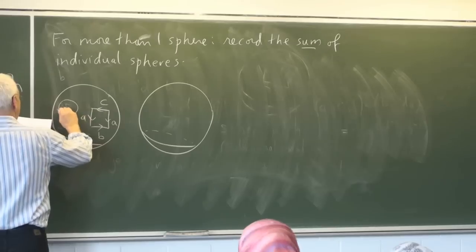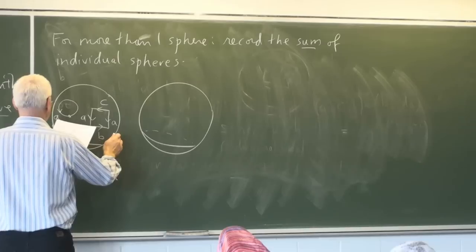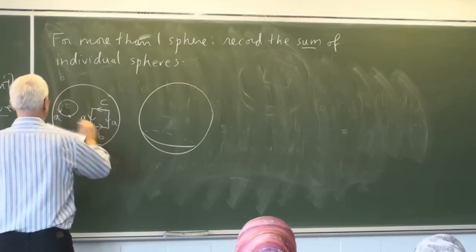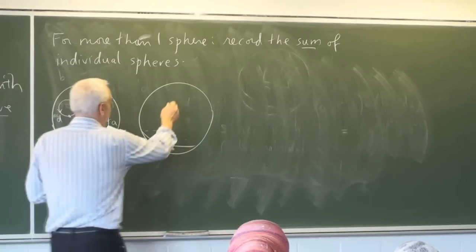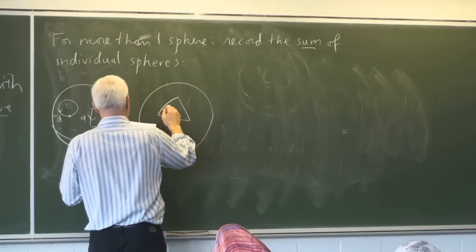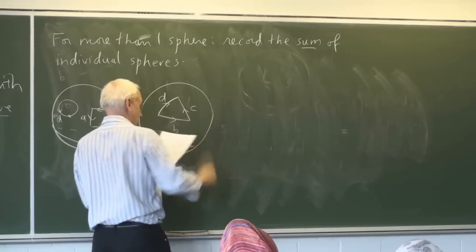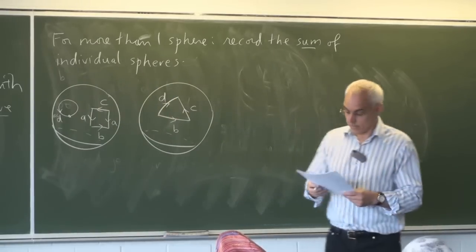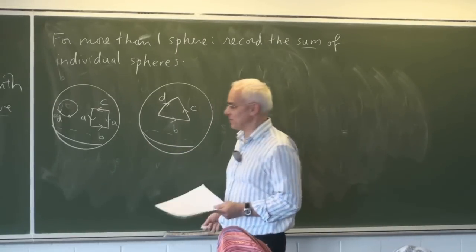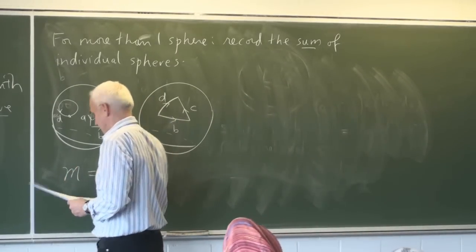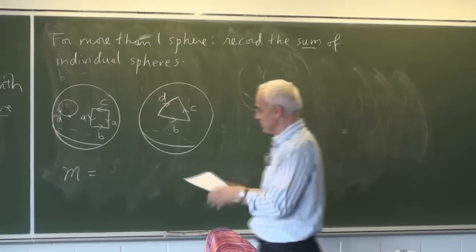with an edge A. No, sorry, edge D. And over here we have a single triangular hole. Let's say D, B, C. All right, so we could regard the union of these two things as a combinatorial surface, call it M, and we'll represent it by a sum of the individual combinations of the holes.